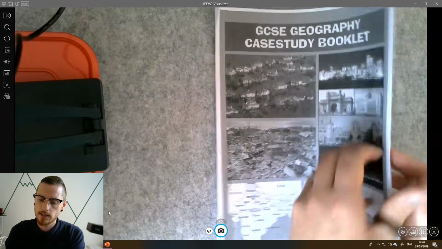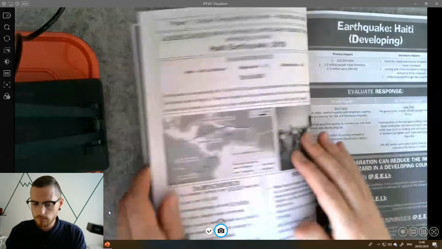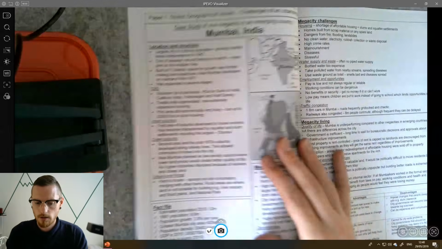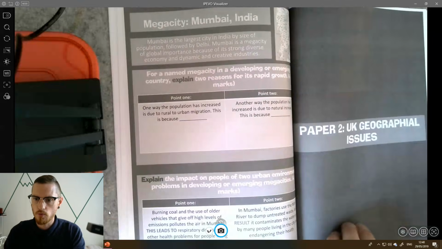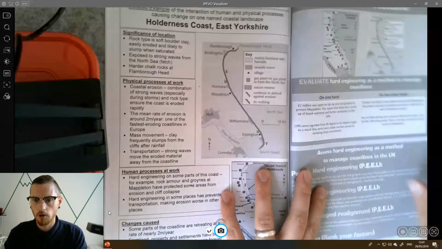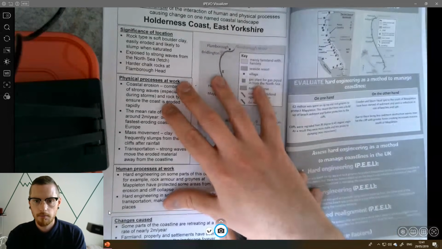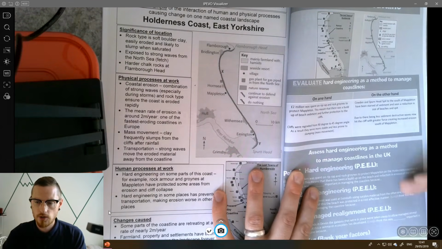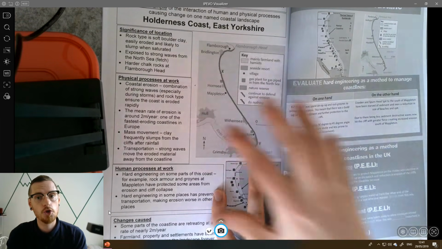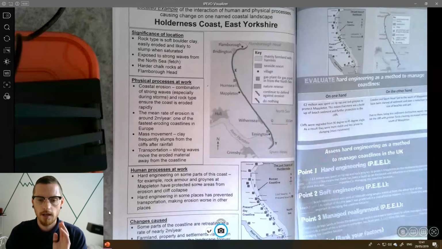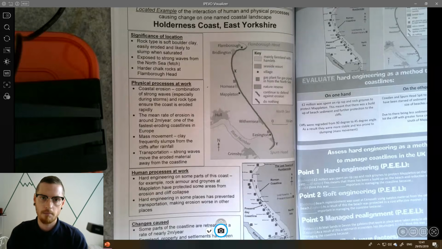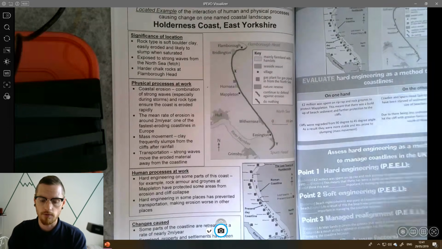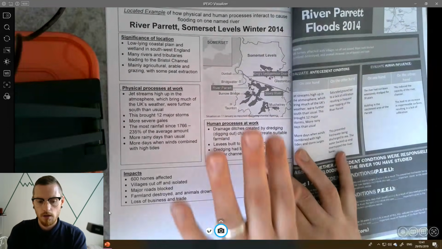We should have been actively using this, and for this section, you will have been revising from this booklet, Holderness Coastline here, and we've given you some potential questions you would get on that, so you should be revising this. If you're from another school, whatever your coastal named example is, located example, you should be revising.